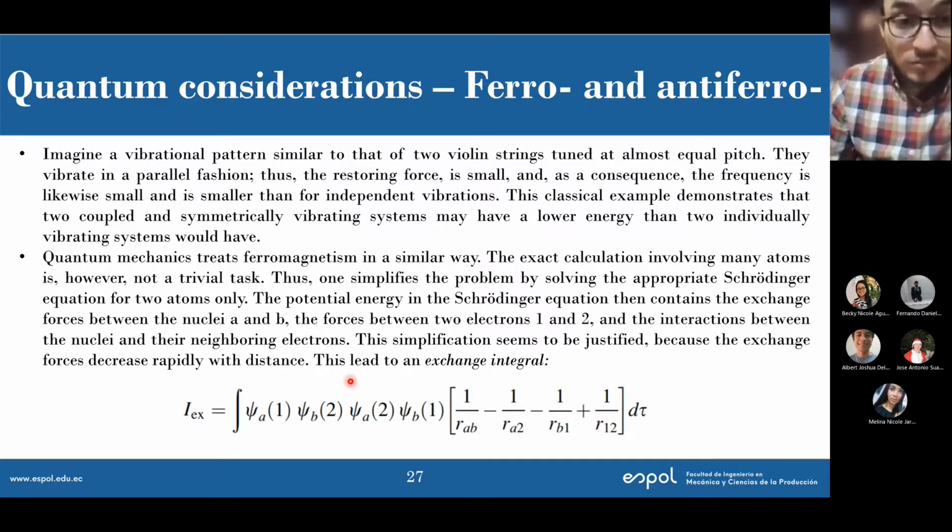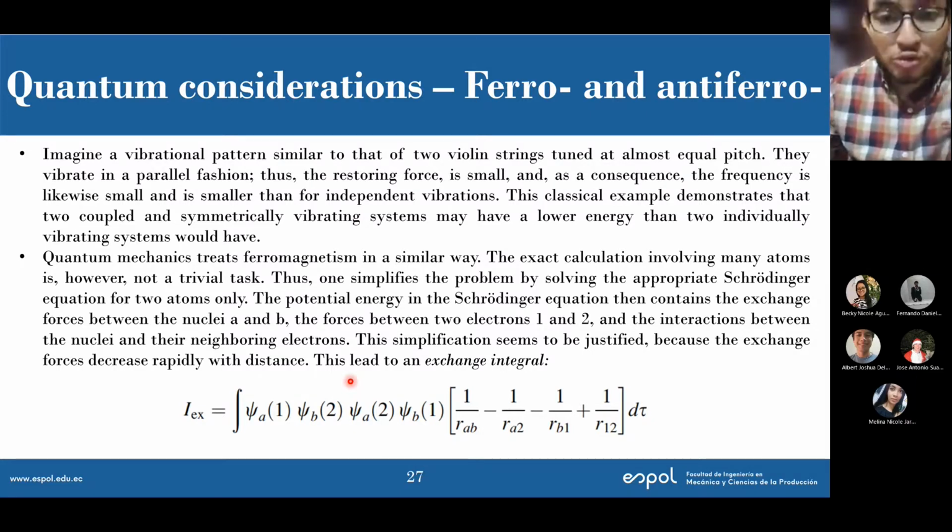So imagine two atoms. You have nuclei A and nuclei B, you have electron 1 and electron 2. So there will be a force between electrons, and there will be an exchange force between the nuclei.